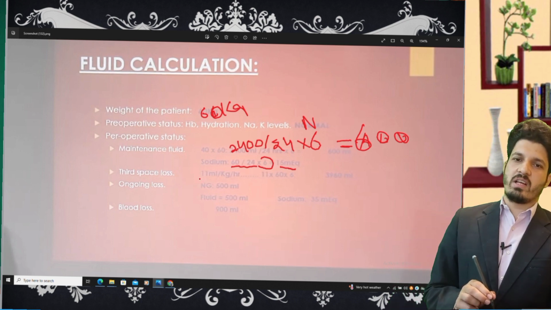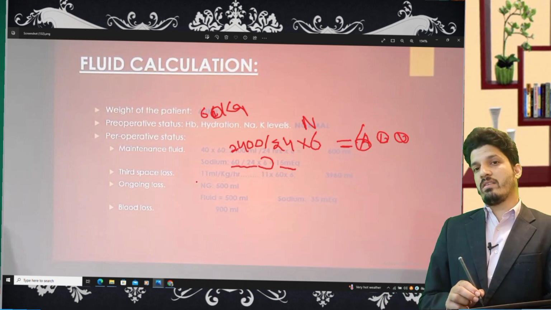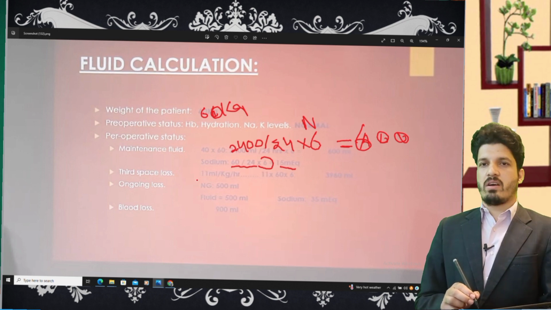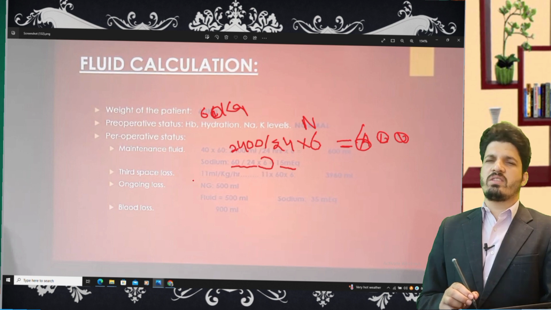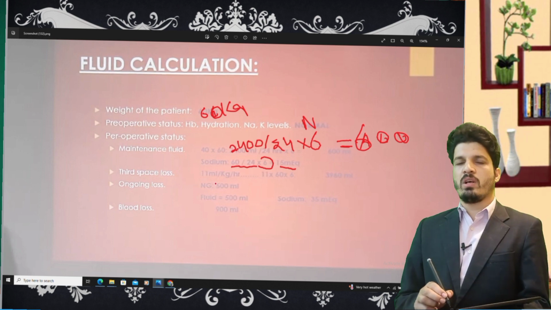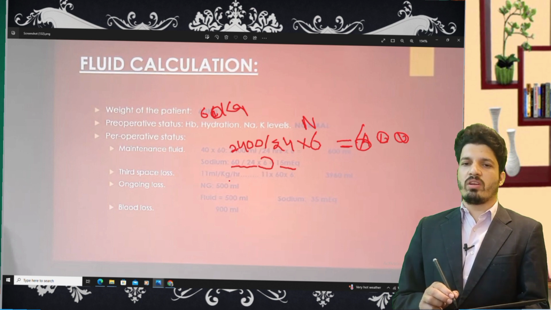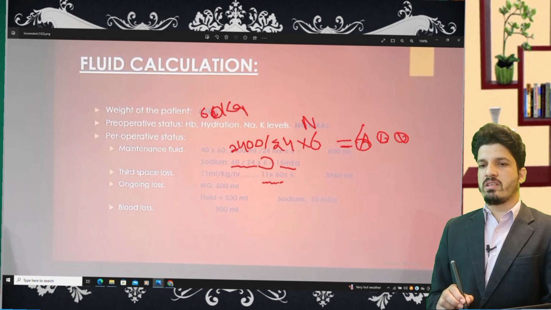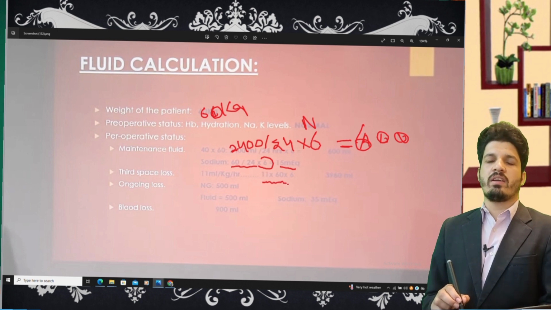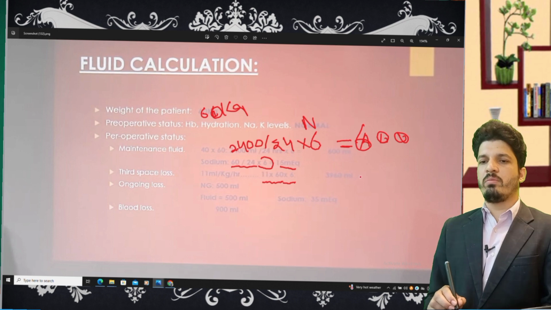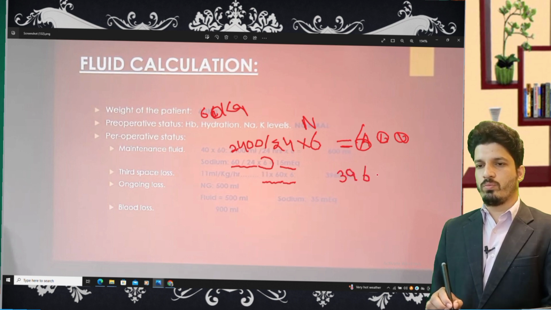And the third space loss, as it's a very large operation. In the previous slides I told you that its value is 9 to 11 ml per kg per hour. So we have taken the value 11, and we will multiply 11 with 60, and with the time, that's 6 hours, so we will have the value 3960.